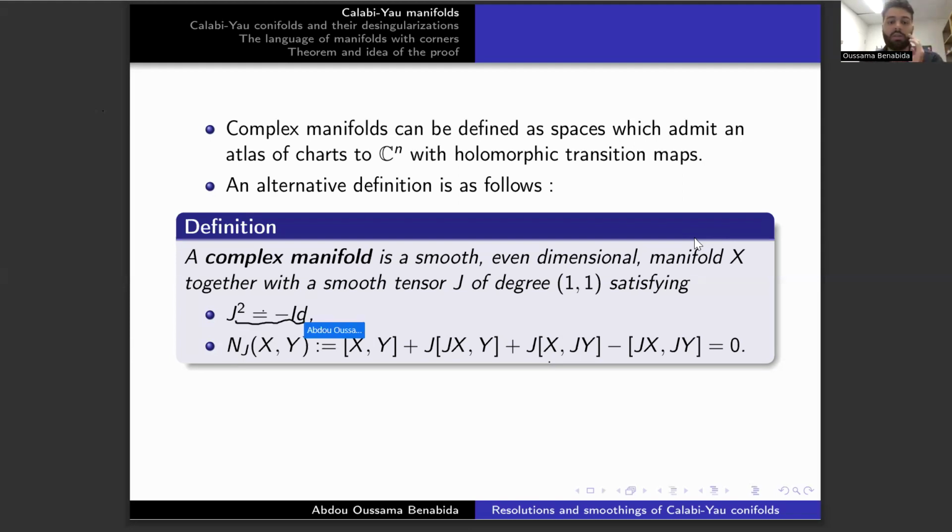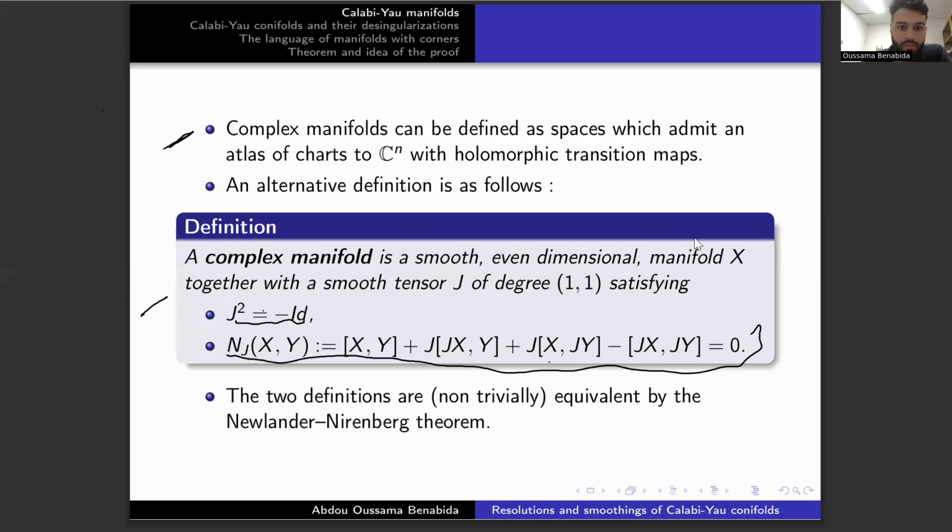This basically just means that we have a GLnC structure, and this is called an almost complex structure. Then we have another integrability condition, and we need this integrability condition to make sure that this definition and the usual definition are actually equivalent.